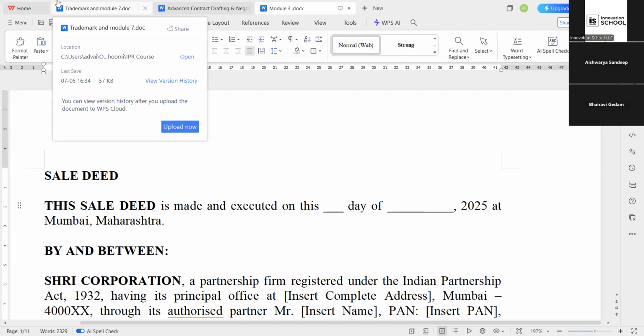Now, the title of the property is not limited to just having a sale deed or a sale agreement. It should also be reflected in other documents or your land records.